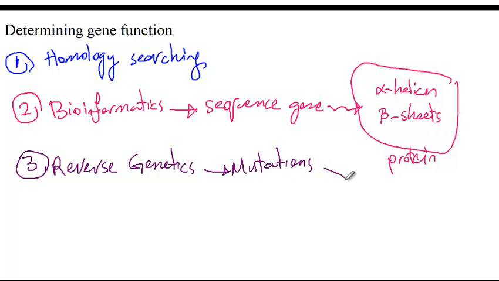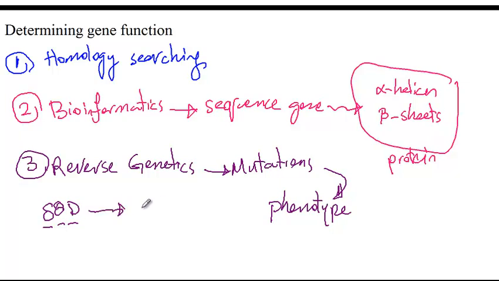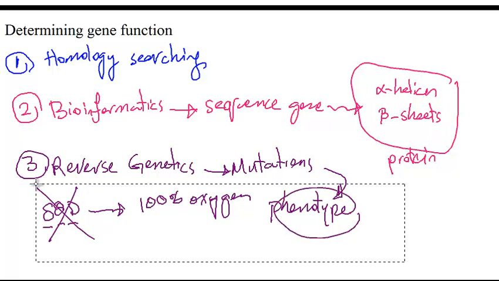And then, once we find a mutated gene, we find out how the phenotype of that animal is affected. For instance, let's say that we mutate the superoxide dismutase enzyme, which is required for defense against reactive oxygen species. Once we do that, the animal would be susceptible to 100% oxygen and will die at a faster rate. So that's one way, by knocking out the gene of interest and finding out how the phenotype is affected.